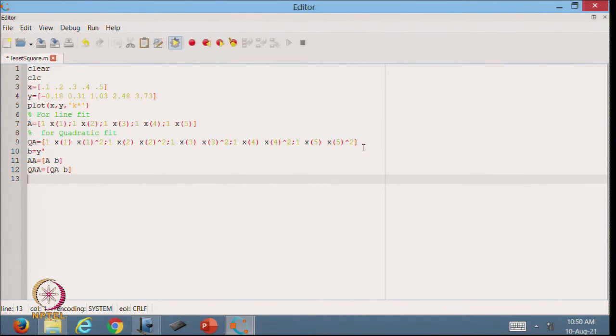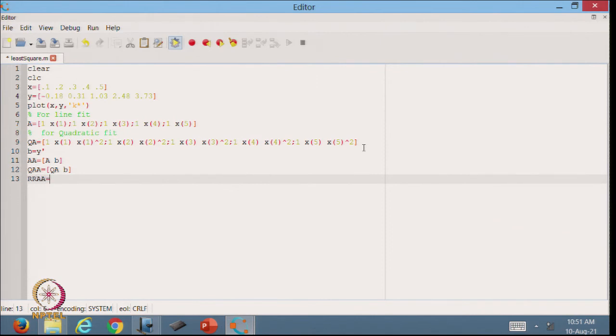Now, first of all I want to check the rank. Now, after augmented matrix I just want to find out the row echelon form, so row reduced echelon form. So, I just write rref of AA.